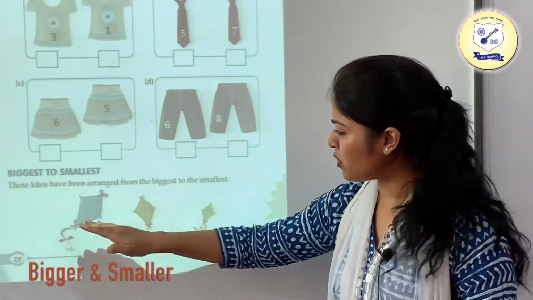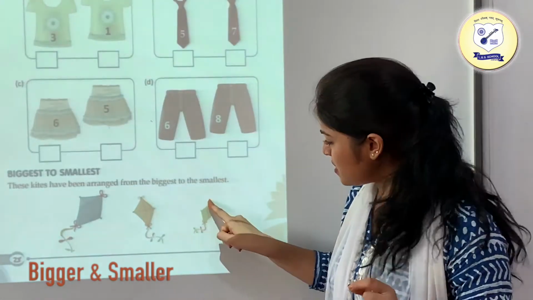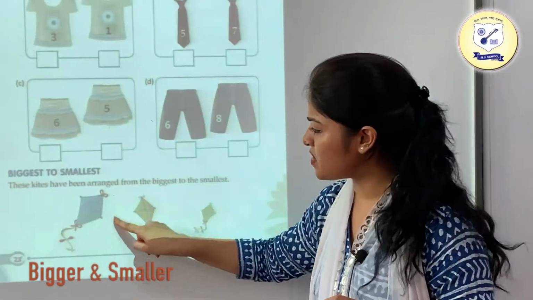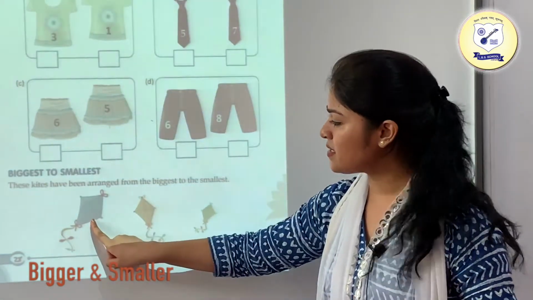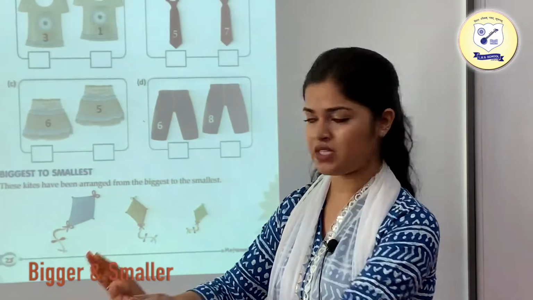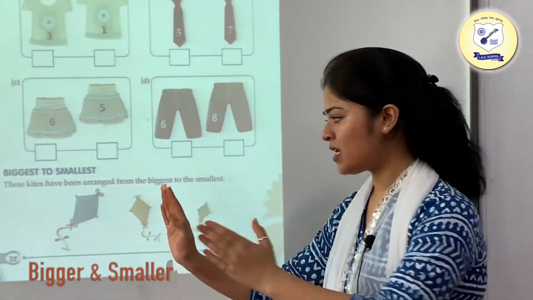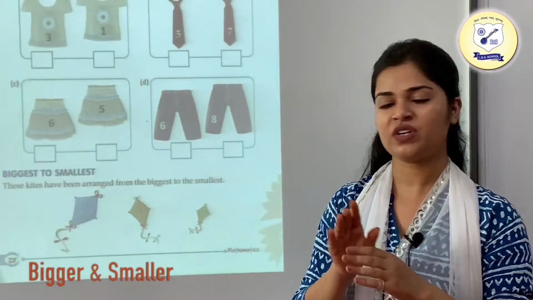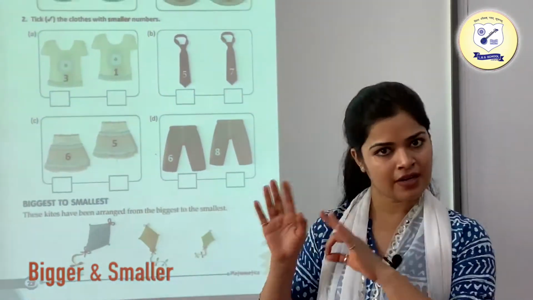This is the kite of largest size, so we have put it first. After that the second one, which is just smaller than this one, and in the last we have kept a kite which is smaller than the other two.